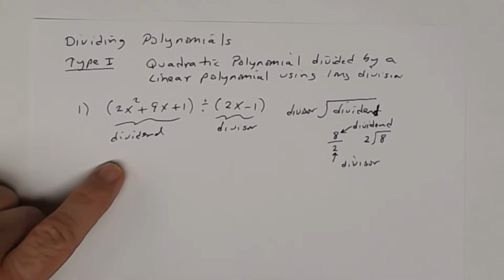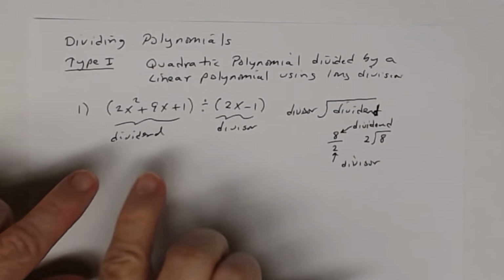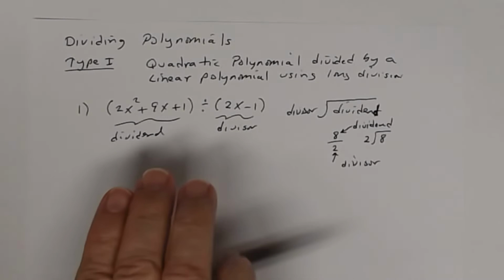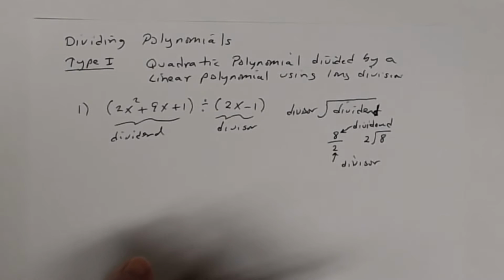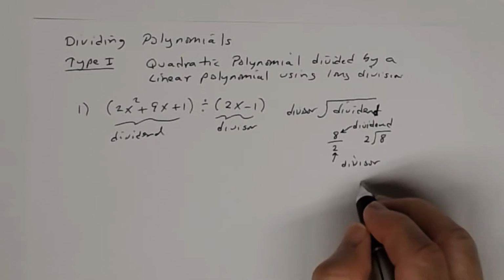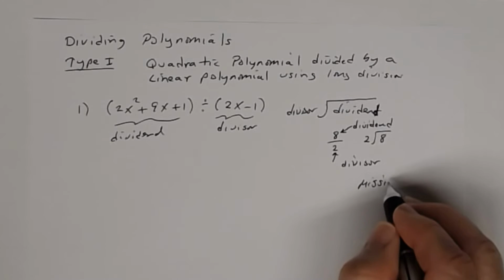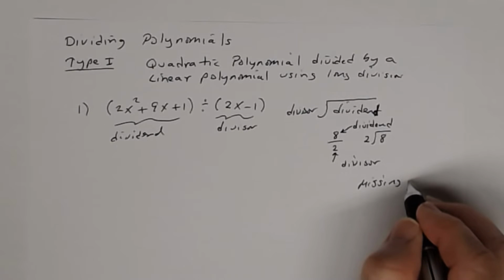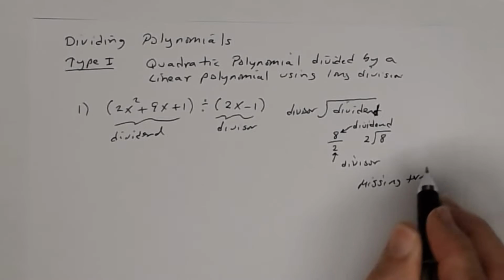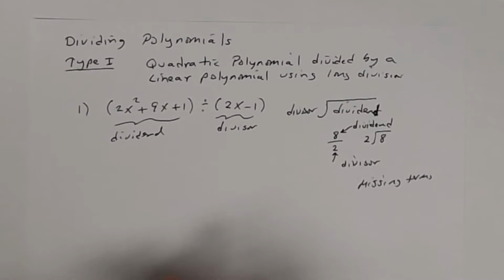Okay, in this course, for us, there are not going to be any missing terms. In college algebra, the next course, when you talk about this again, you're going to have missing terms. But in this course, there are no missing terms.